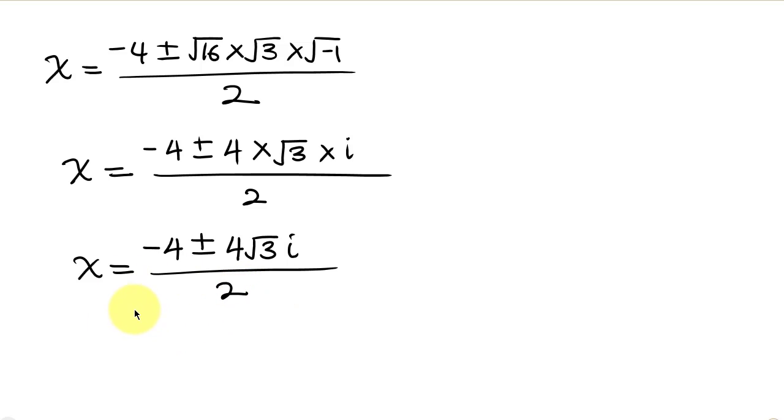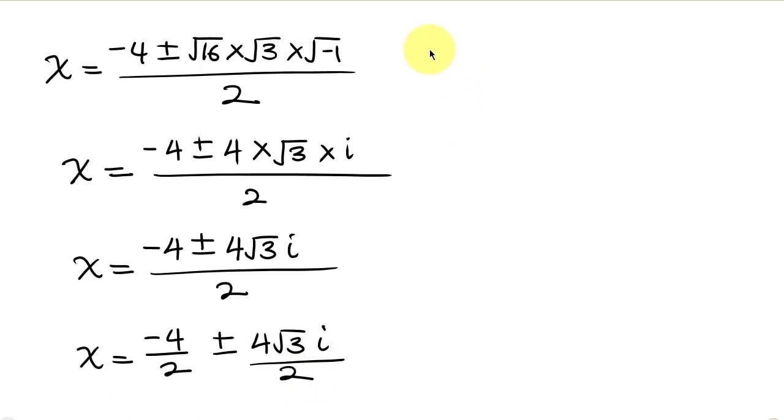Now this is simplified into x equal to negative 4, I'm separating the fraction now, all over 2 plus or minus then this is 4 root 3i all over 2. Good. Making x to be equal to negative 4 divided by 2 is negative 2 plus or minus.